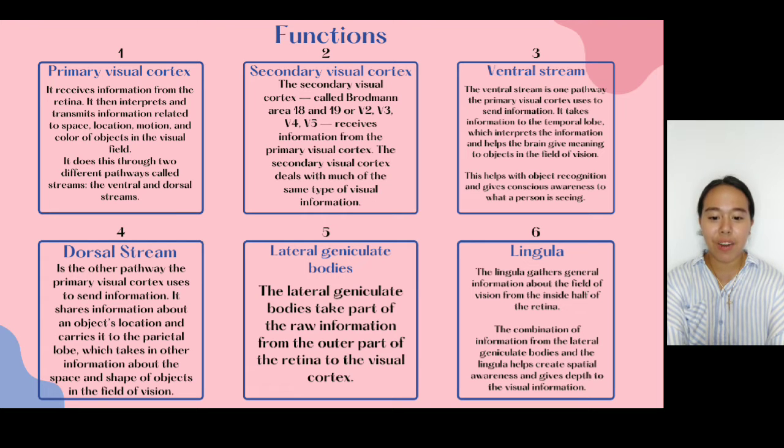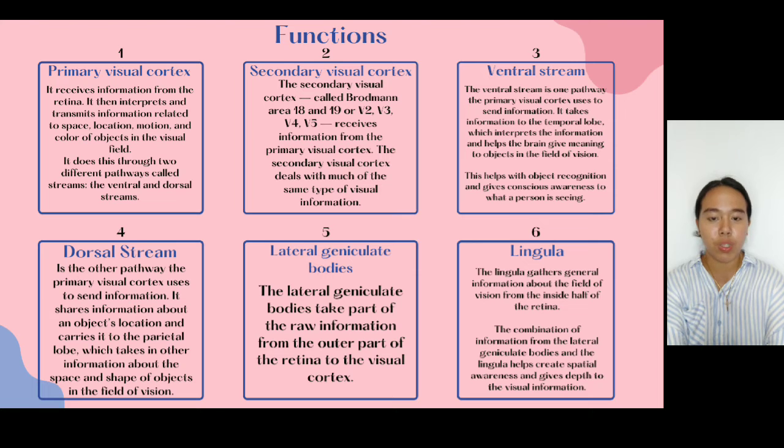Second is the secondary visual cortex, called Brodmann Areas 18 and 19, or V2, V3, V4, V5. It receives information from the primary visual cortex and deals with much of the same visual information.